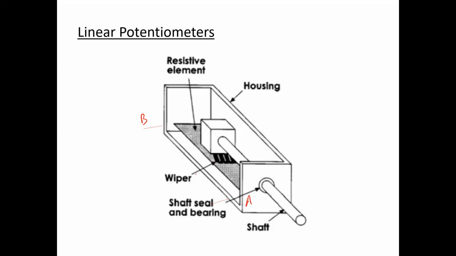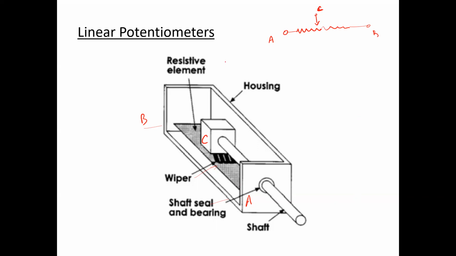Wherever the position of the wiper is, with respect to that, suppose this is terminal C, the resistance between terminal A and C can be determined. For example, if you want to use these potentiometers to measure linear displacement, suppose this is terminal A, B, and this terminal C is representing the slider.